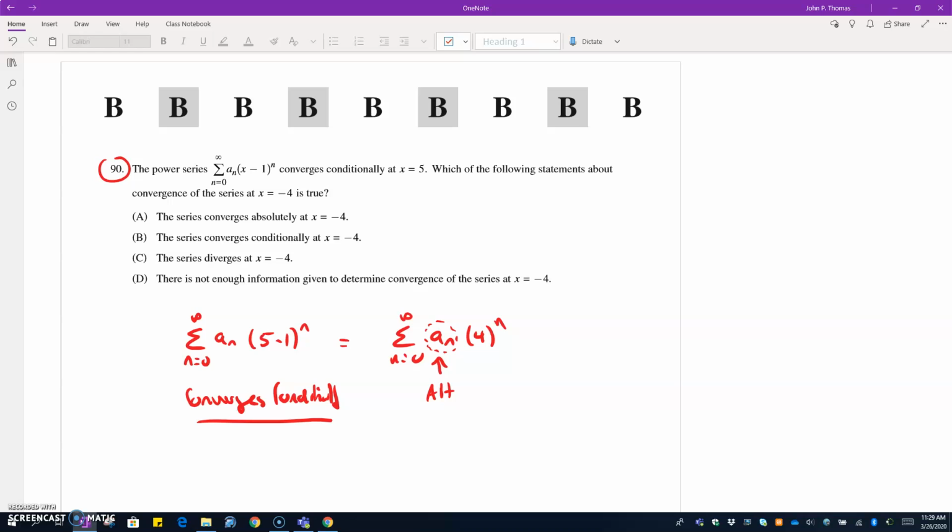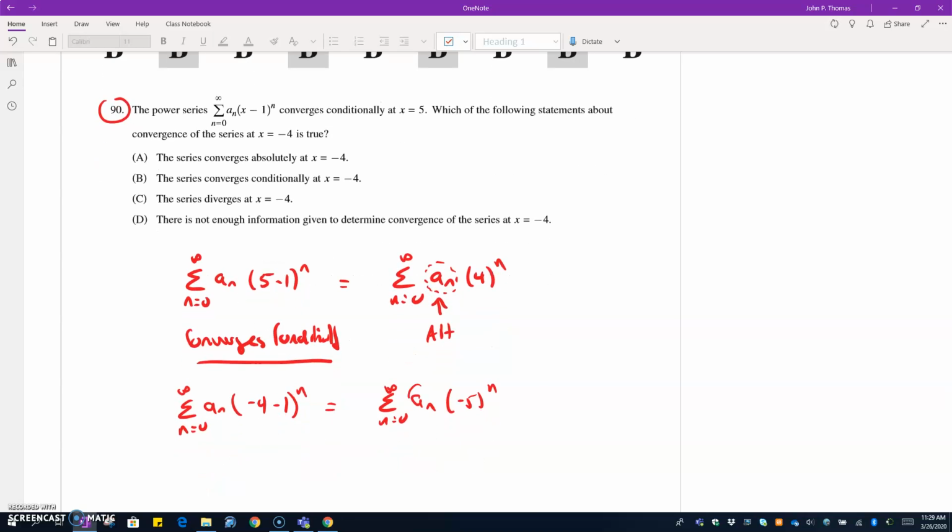Now, from there, what we might look at is this series, n equals 0 to infinity, of a sub n, plug in a negative 4 minus 1 to the n. That's the sum from n equals 0 to infinity of a sub n times negative 5 to the n. Now, we know that this alternates, right?